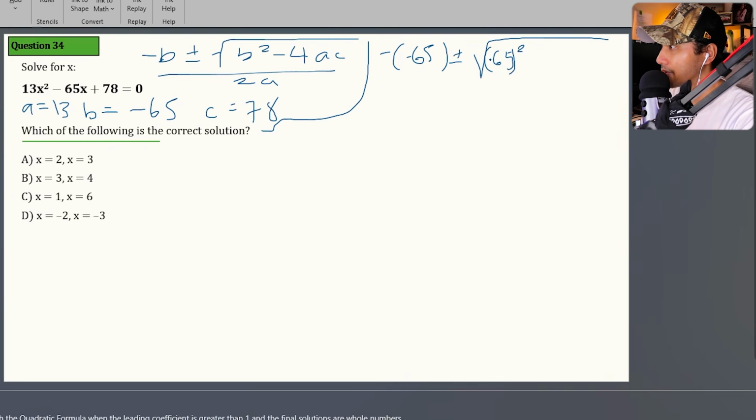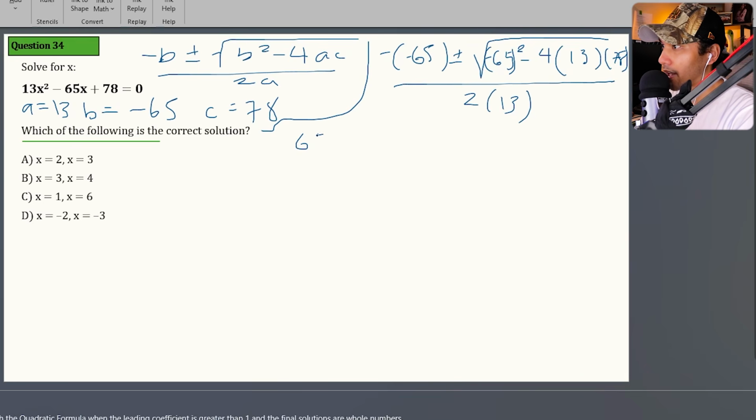It doesn't matter that it's negative 65 because a negative times a negative equals a positive. Then we go minus 4, then a is 13, and c is 78. My gosh, it's going to be a huge number. Over 2 times 13.